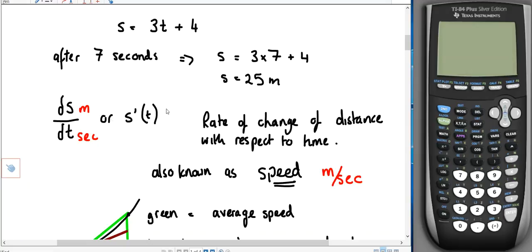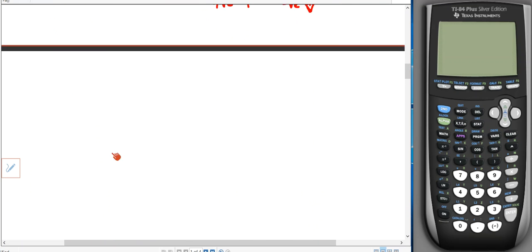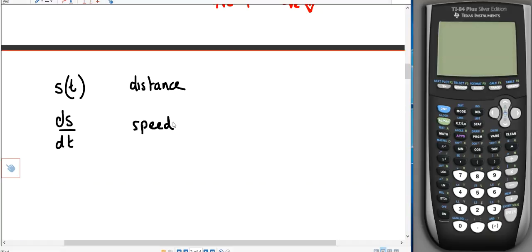Just to maybe check understanding then, before I go on to the final one. If I have a function which is s of t, so that's distance, ds/dt we've said is speed.